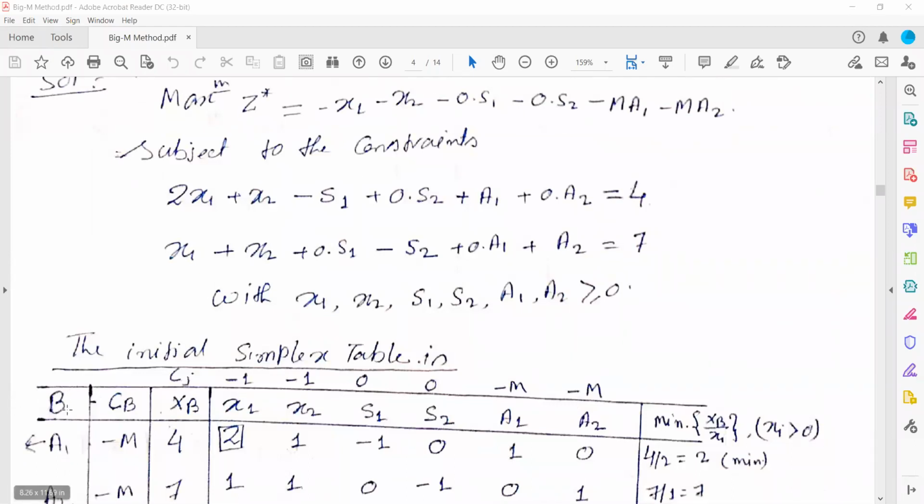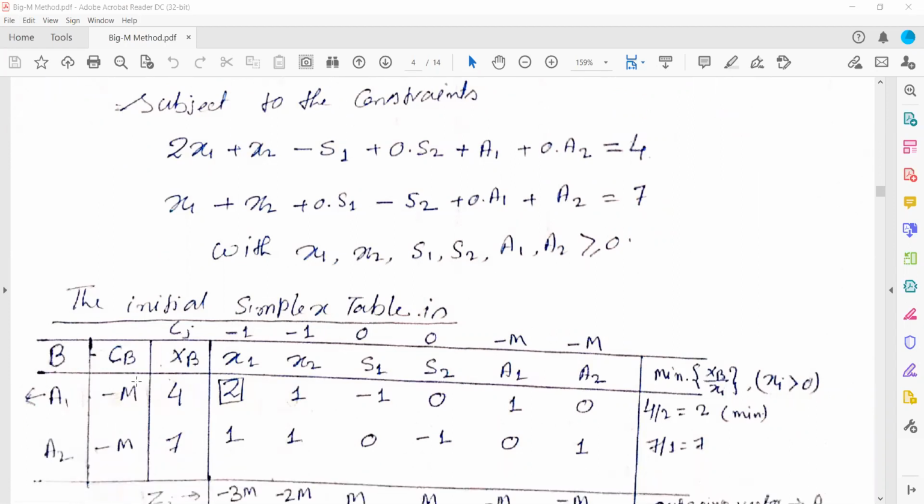Next, see here: in the basic variable column, which variables will come? Keep in your mind, if in the LPP only surplus and artificial variables are there and there is no slack variable, then in the basic variable column only artificial variables will come.